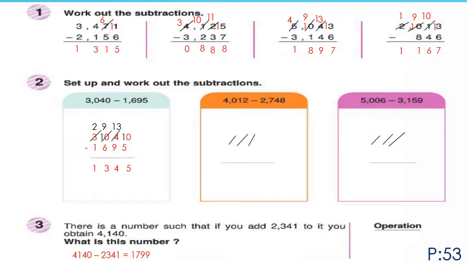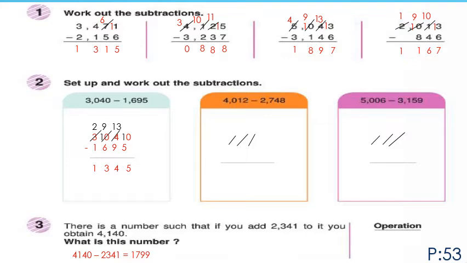So 10 minus 5 is 5. Now we have 3 minus 9. We cannot take 9 out of 3. So we go and borrow, because in the hundreds place value we have 0, so we go and borrow from the number 3 in thousands place value. 3 will become 2, and the 0 in hundreds place value will become 10.